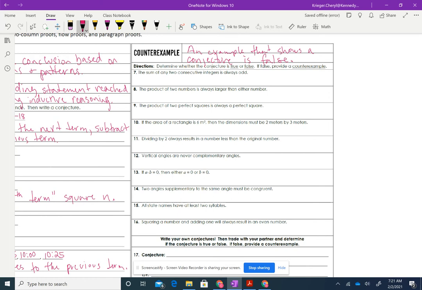Numbers right after the other. So 8 and 9, 10 and 11, 12 and 13. Can you guys think of any example where the sum of two consecutive integers would not be odd? Well, you're adding an odd and an even, because that's what we're doing here. The sum will always be odd. So this one's true.